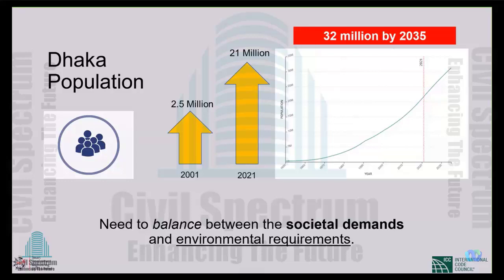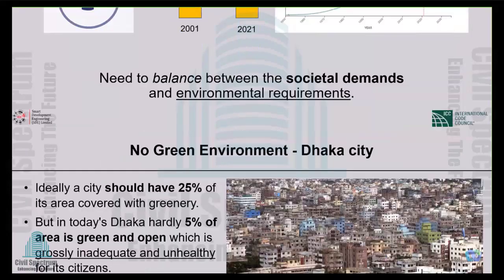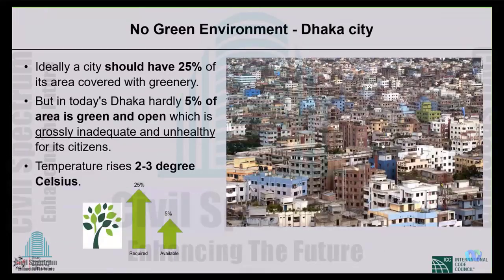So people need houses. People need basic needs and shelter. So we need to understand how best to use the space with full protection of the environment. Then we're talking about green space, livable space.